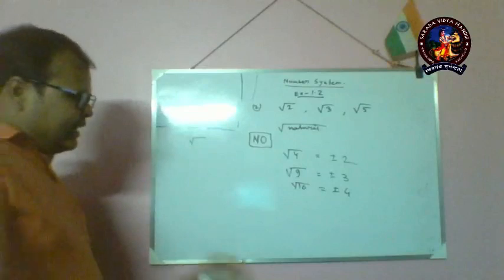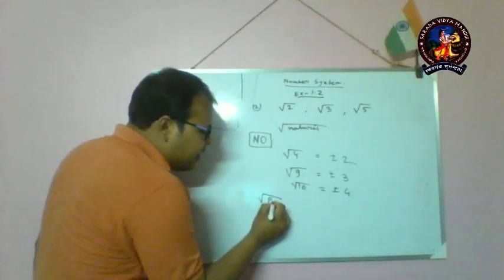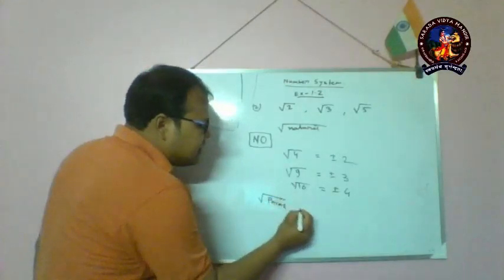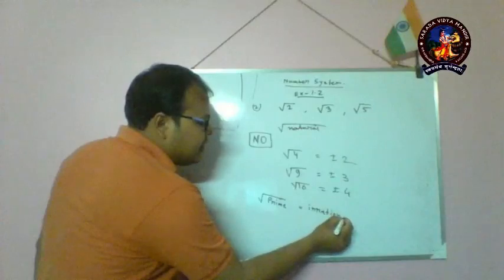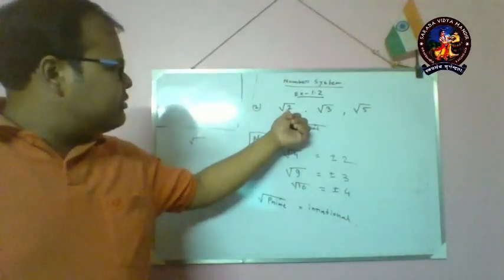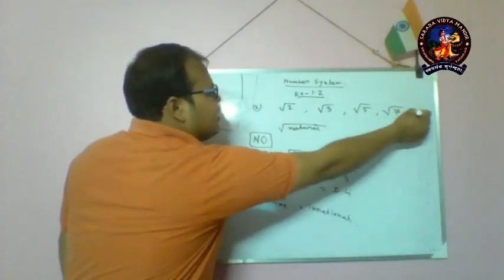In extension, I want to say the root of a prime number is always irrational. You may notice this: 2, 3, 5, next irrational will be root 7, root 11.